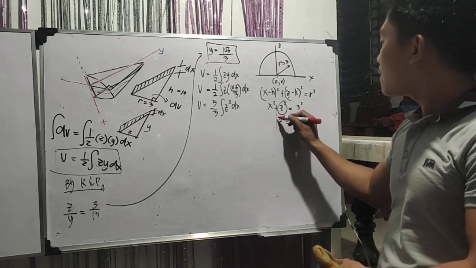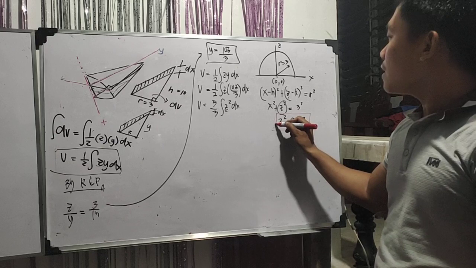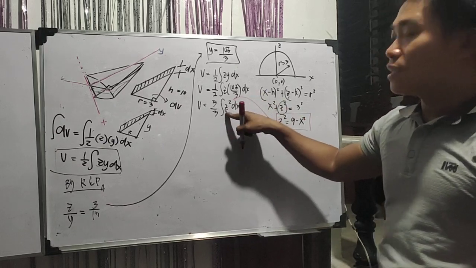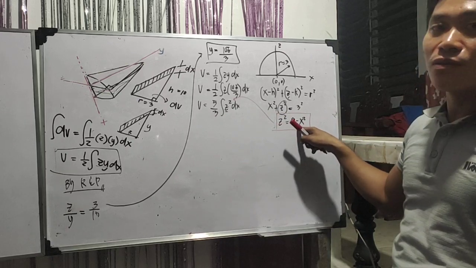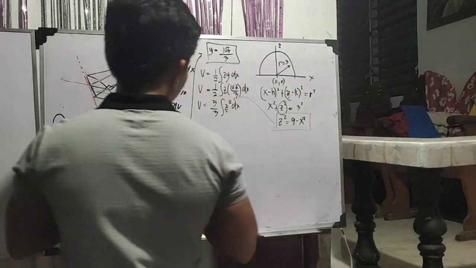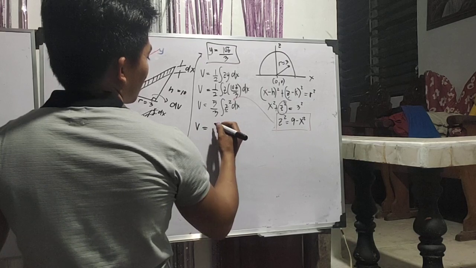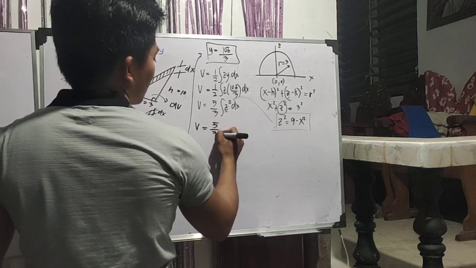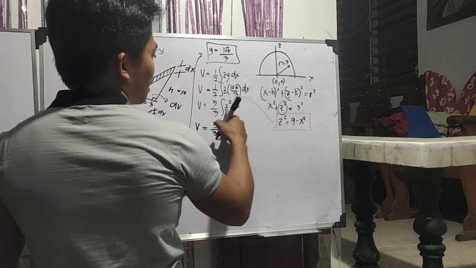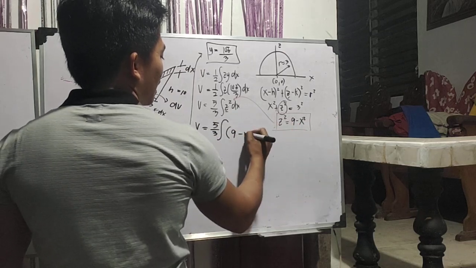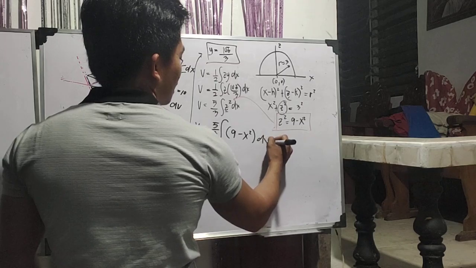Ito ngayon, yung value ni z mo is ipapasok mo dun sa z squared mo. Para yung lahat ng terms mo is in terms of x. So, makinig. V therefore is just 5/3 times the integral of z squared, which is equivalent to 9 minus x squared dx.